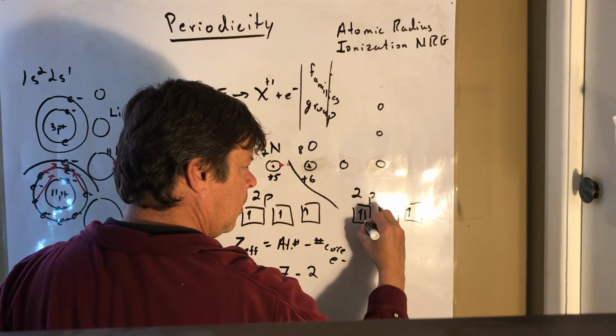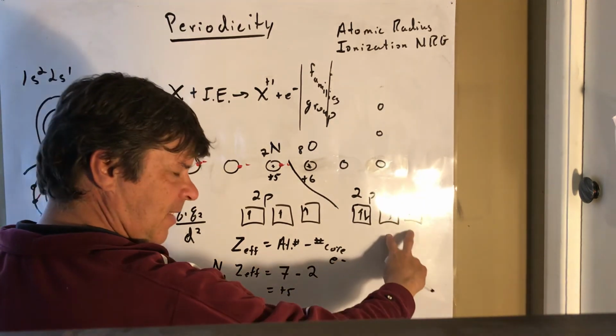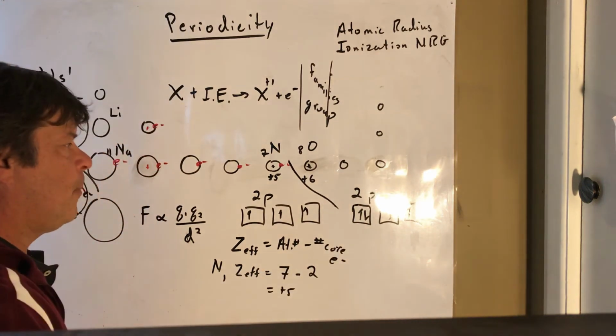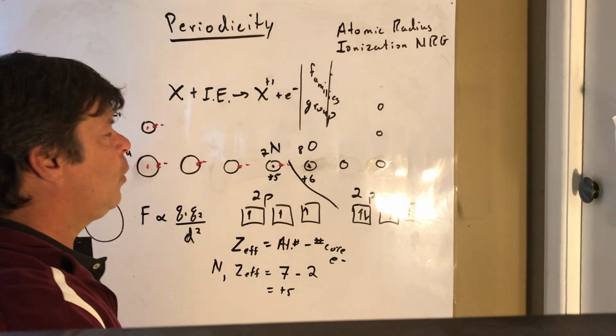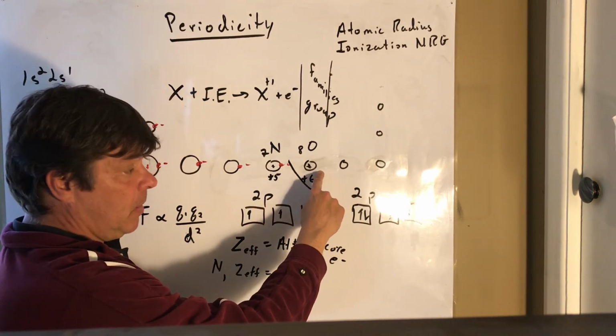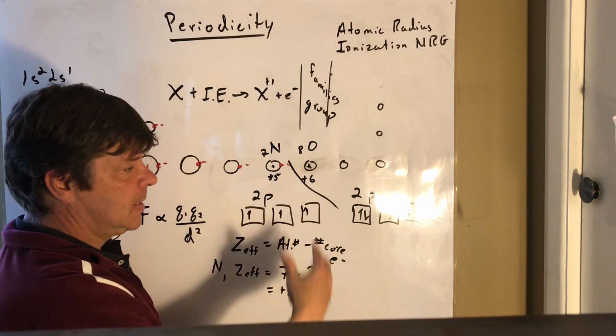Remember the bus rule? So we have 2 half-filled, 2 bonding sites here, and here we have a filled orbital. You would think that, based on the size, the ionization energy for oxygen would be greater because it's smaller than nitrogen, but that's not the case.